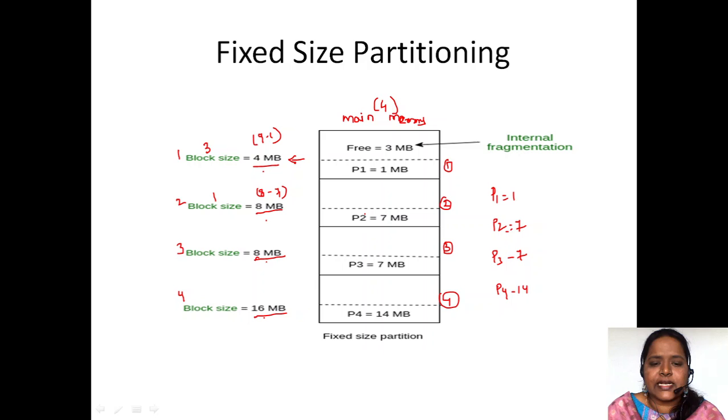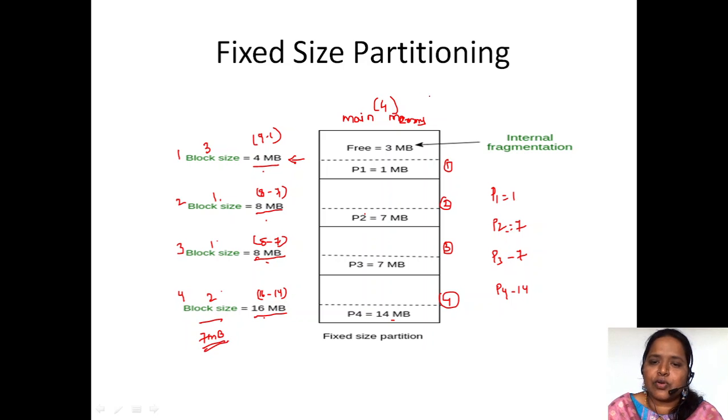P3 block is 8 MB and P3 needs 7 MB, here also 8 minus 7, 1 MB is left over. P4 block size is 16 MB and P4 needs only 14 MB, so 16 minus 14, 2 MB is left over. So how much space is left over? 3 plus 1 is 4, 4 plus 1 is 5, 5 plus 2 is 7 MB.